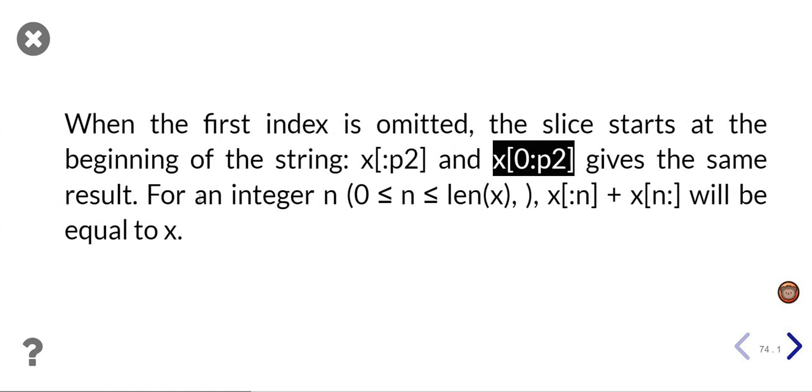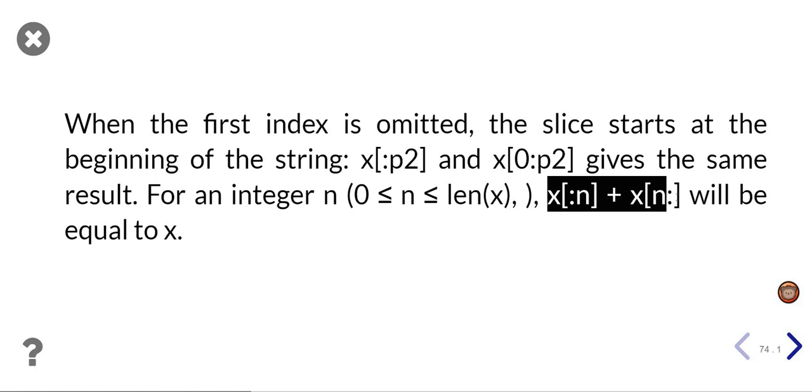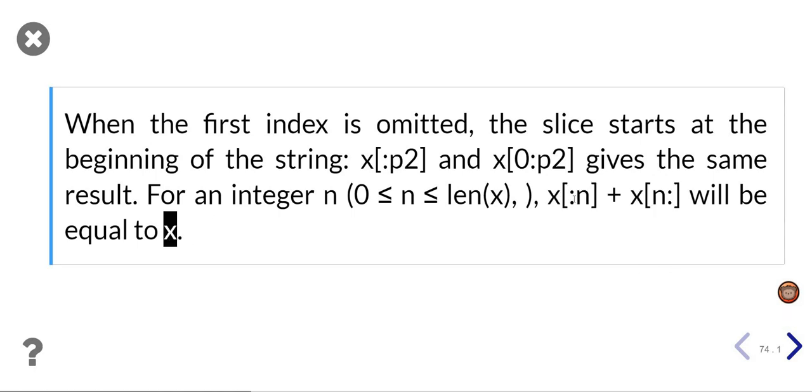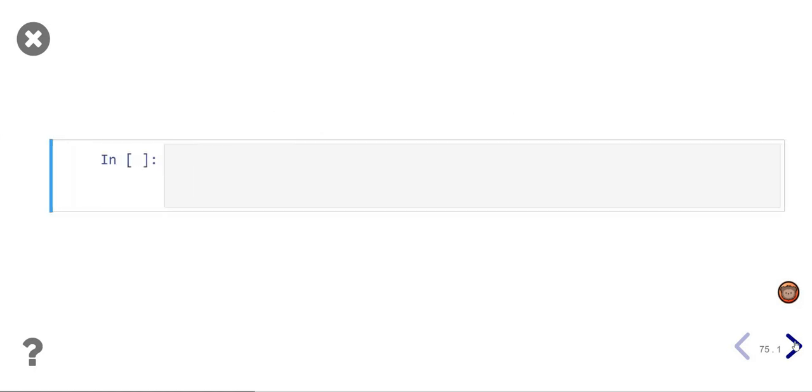So just to show this, for an integer which is more than or equal to 0 and less than or equal to the length of x, this statement will be equal to x. So what does this statement mean? Let me write it out.